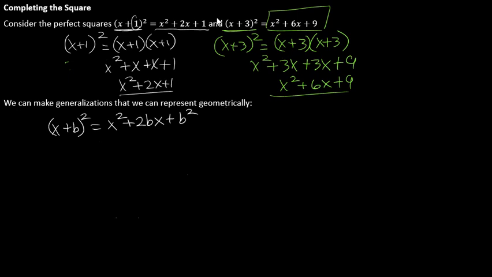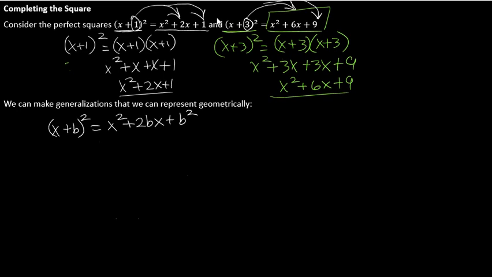Okay, the 1 became a 2, and 1 squared is 1. The 3 became a 6, and 3 squared is 9. So that's the pattern, the generalization that we can make there.